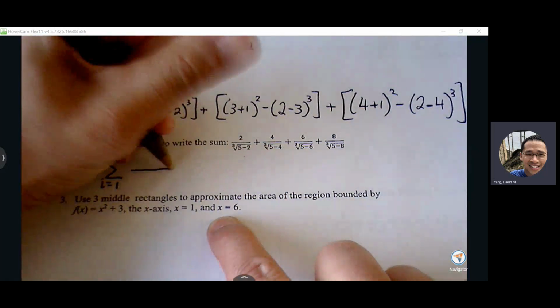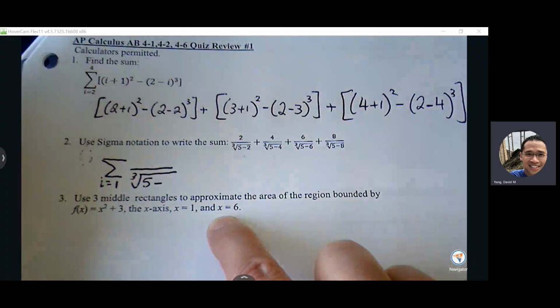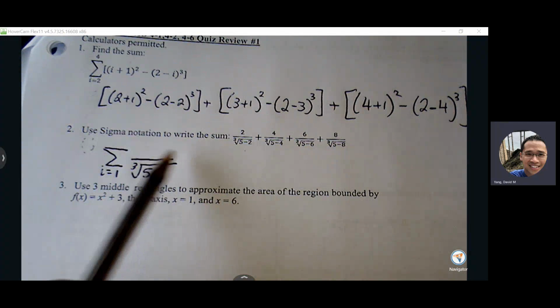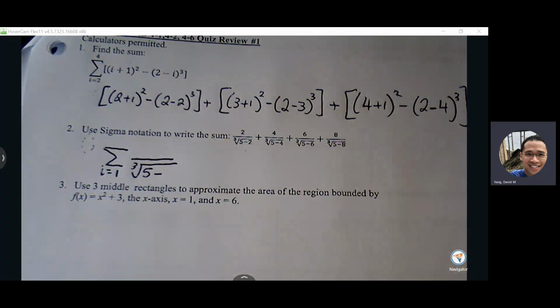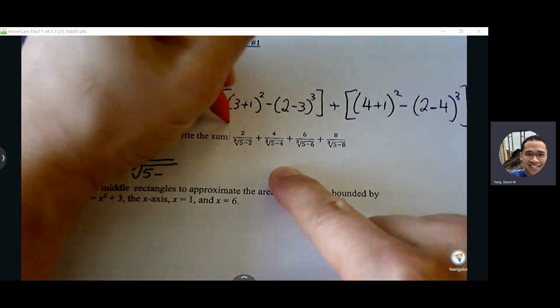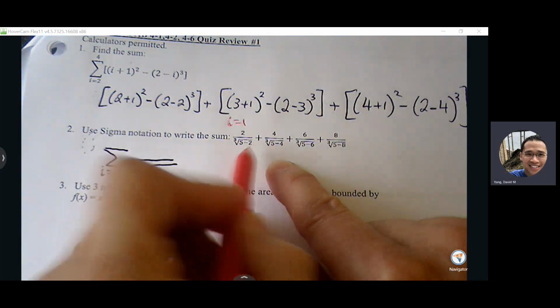So I'll put in the minus. Everything else is going to have to involve some sort of i to help build this engine. So I want to find a way where if I plug i equals 1 into an expression, it'll produce this.